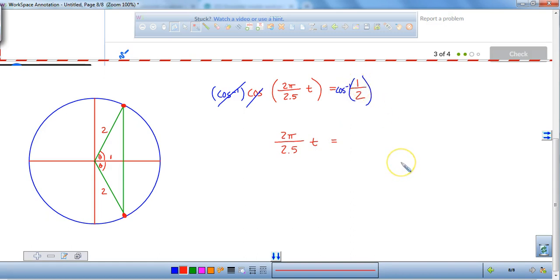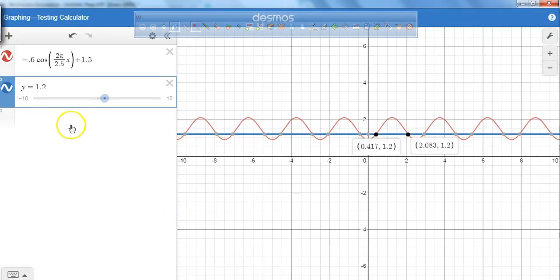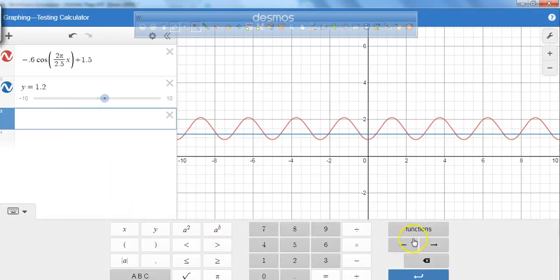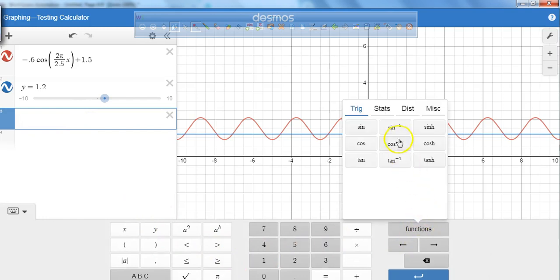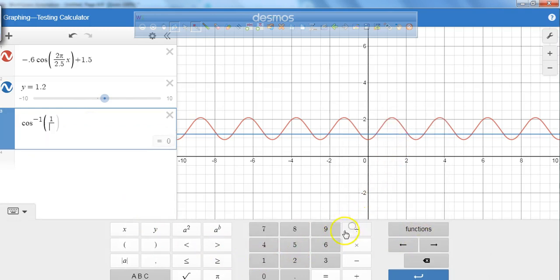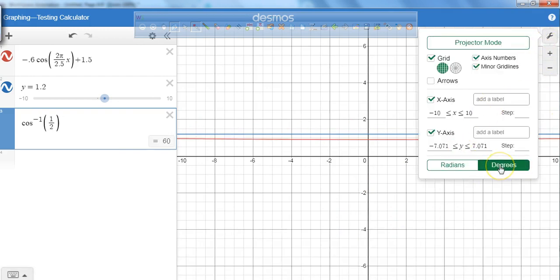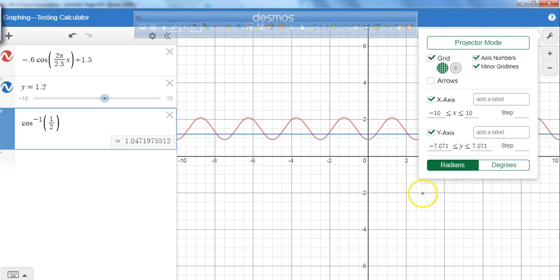Now, this is part of the special right triangle of 30, 60, 90. In degrees, if we were to do the inverse of cosine of 1/2, that would equal 60 degrees. So right here, if I did this inverse of cosine, 1 divided by 2, and I was in degrees, you would see that's 60 degrees, but we're going to convert it to radians, which is going to become pi over 3.